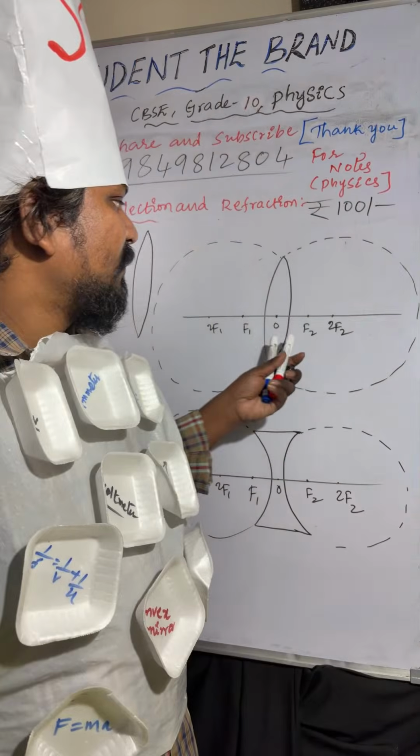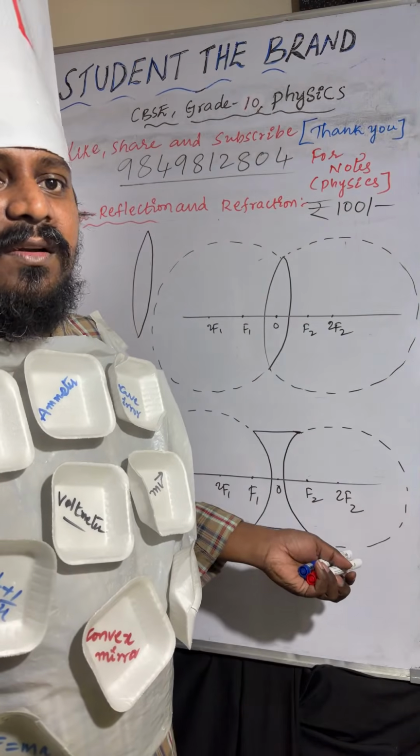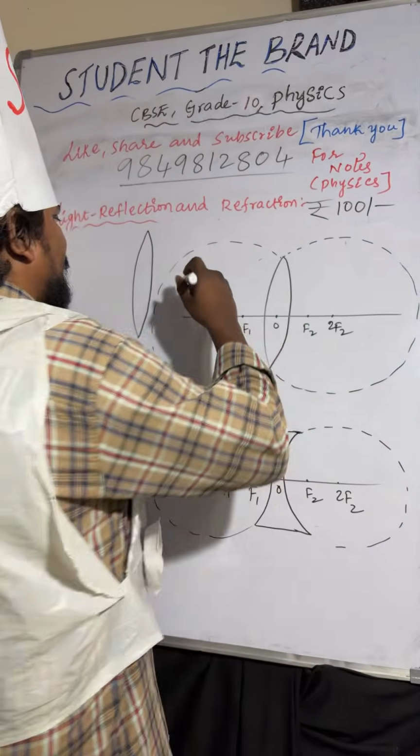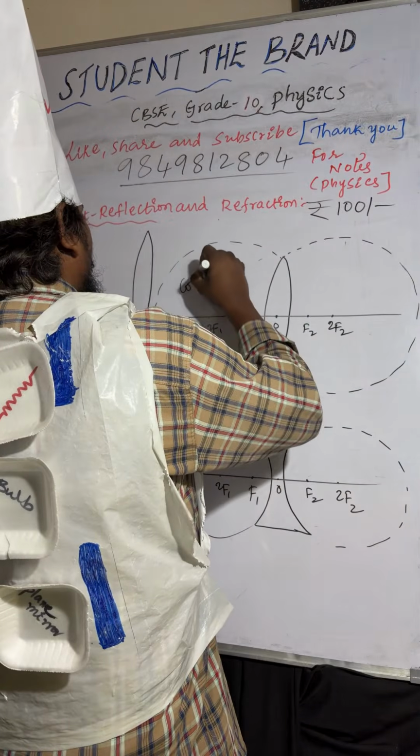So what is this one? Convex lens. What is this one? Concave lens. Convex lens.